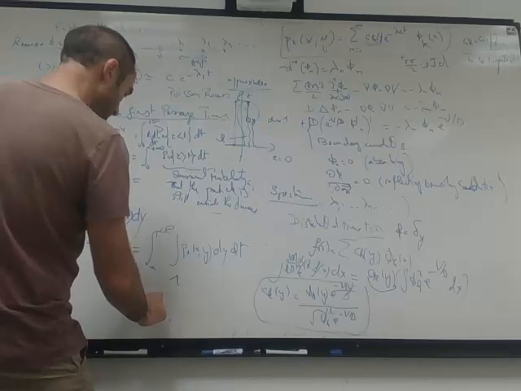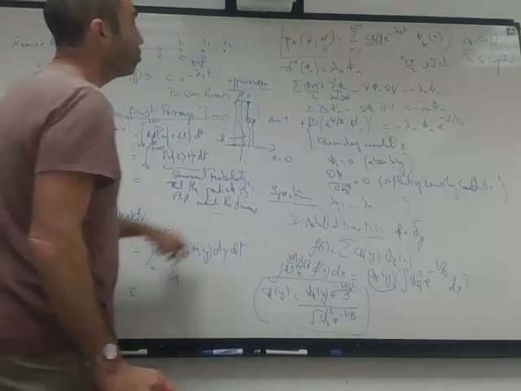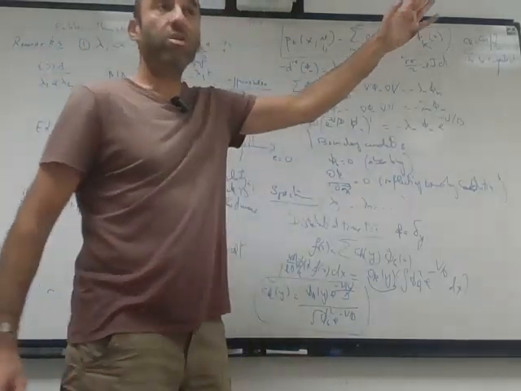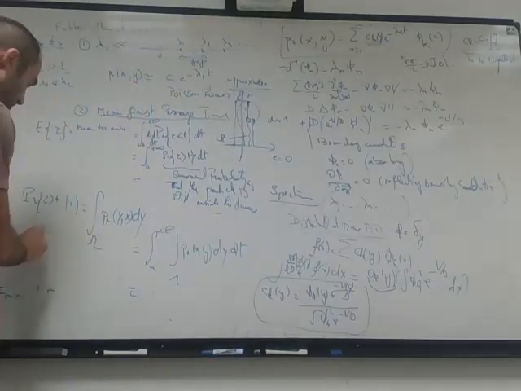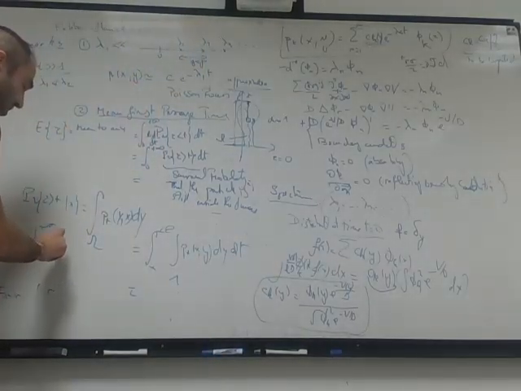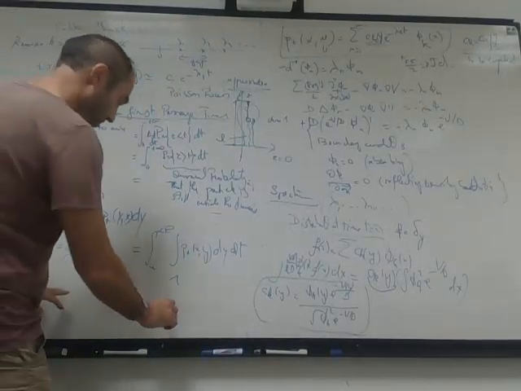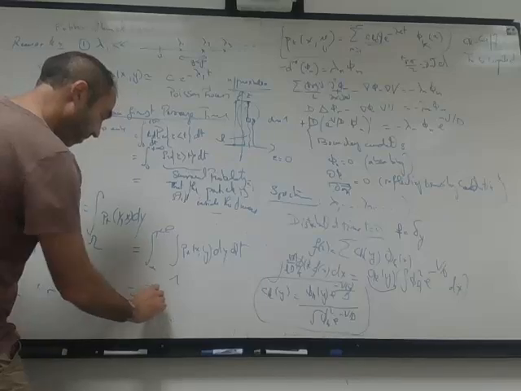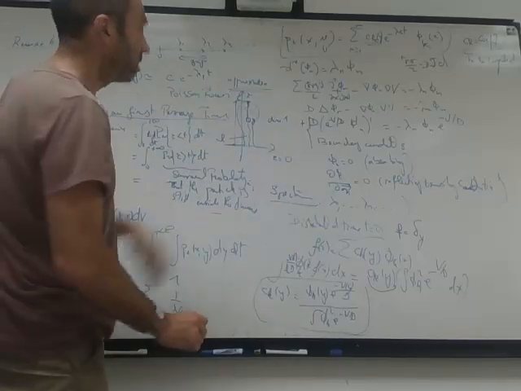I get the integration, so I have to sum from 0 to infinity of an exponential. You know this integration from 0 to infinity of exponential of minus lambda t is 1 over lambda, right? So then I have to sum 1 over lambda k, great.